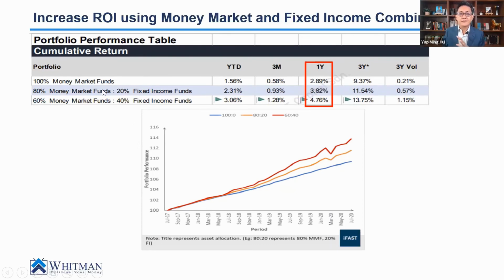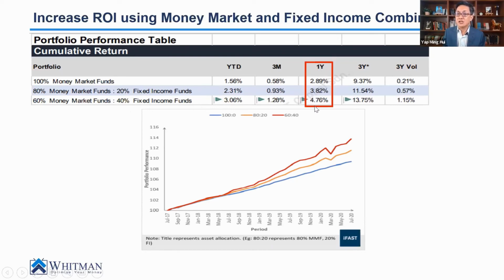2.89%. And if you're willing to take slightly more risk, then you put 80% of the 100,000 into money market fund and 20% into a bond fund, then your return increases by almost 1%. And if you say, I'm willing to take slightly higher risk, then I put 60% in money market fund and 40% in fixed income fund.